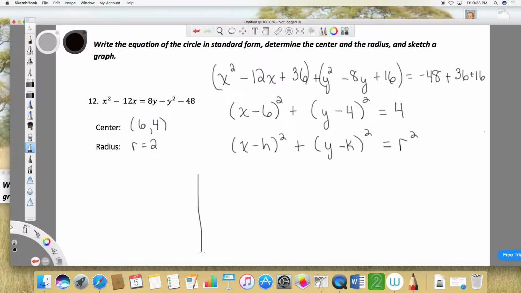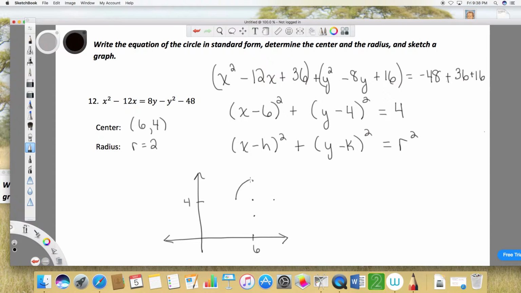So if you go to your graph paper, your graph is going to look better than mine. If I go to the right 6 and I go up 4, I'll be at my center of the circle, and with a radius 2, if I go to the left 2, to the right 2, up 2, down 2, that gives me some guidelines.